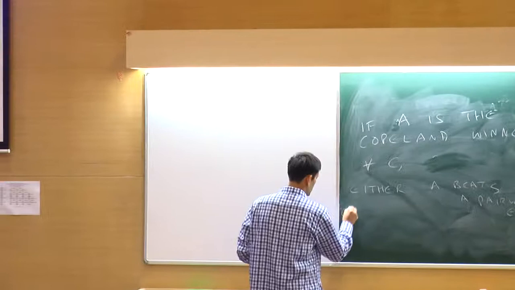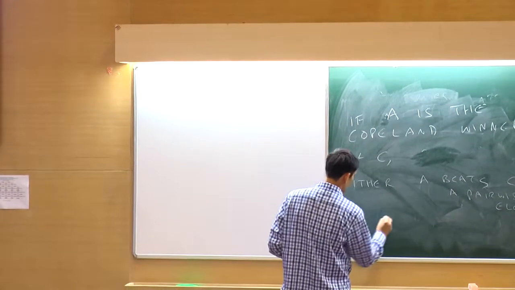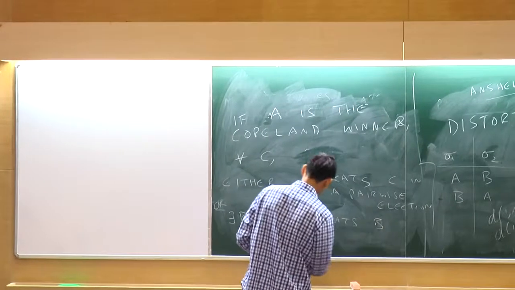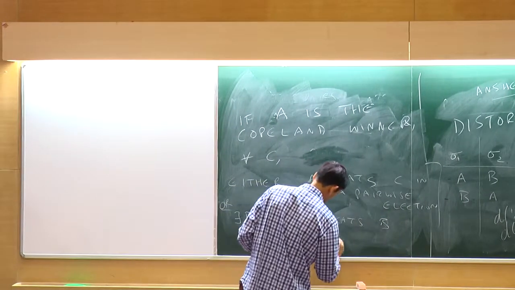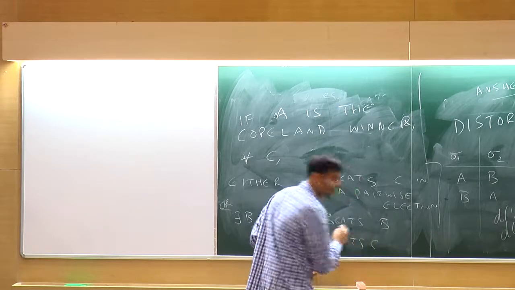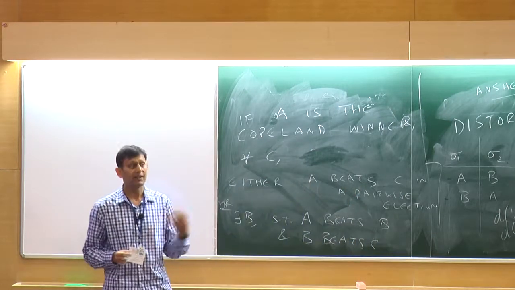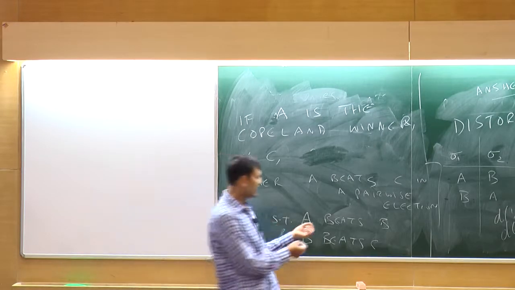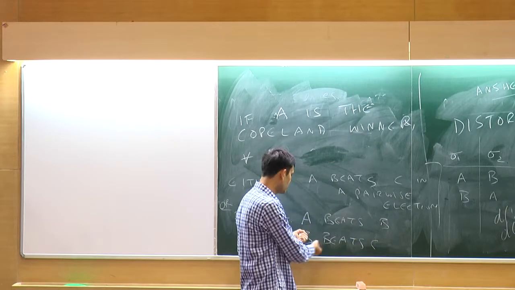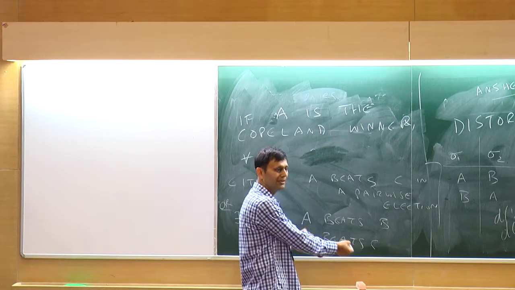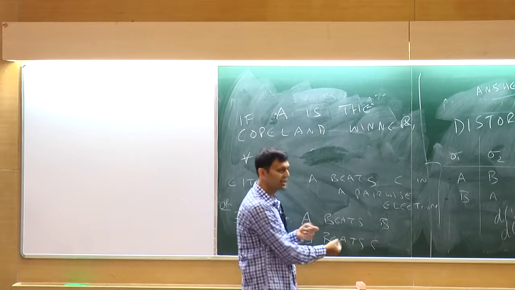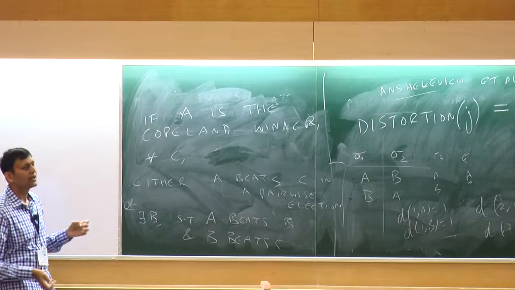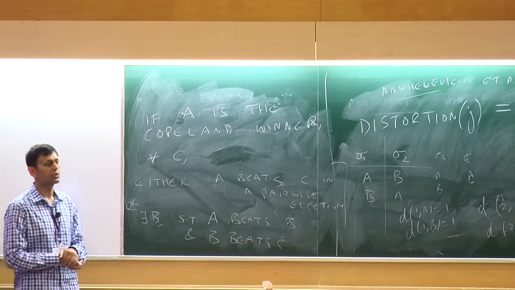Or there exists B such that A beats B and B beats C in a pairwise election, which means the distortion would be at most 9. Because if you put A in the numerator, B in the denominator, you would get 3. If you put B in the numerator, C in the denominator, you would get 3, which means for A and C, the distortion would be 9. And so this proves that the Copeland winner has a distortion of at most 9.